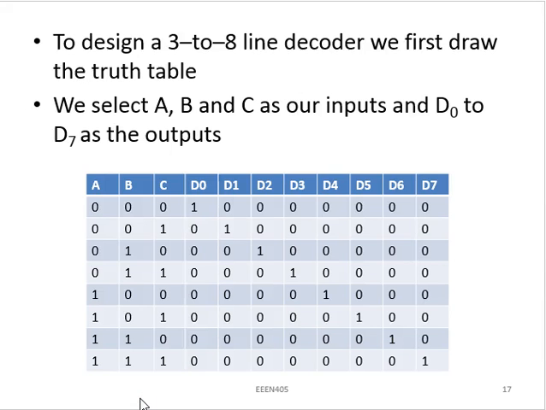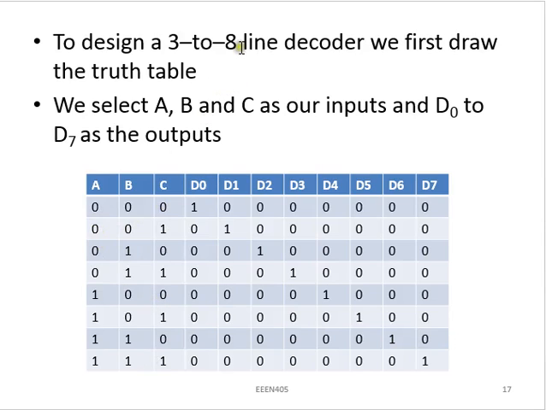And how do we go about implementing the decoder? What we do is to draw our truth table that will give us the input variables. Here we set, for example, 3 inputs, 8 outputs. We have A, B, and C as our inputs, and these are the binary values we can have: 000, 001, 010 up to 111.